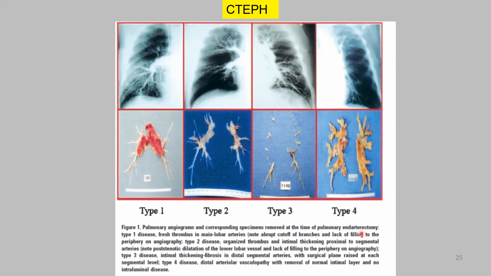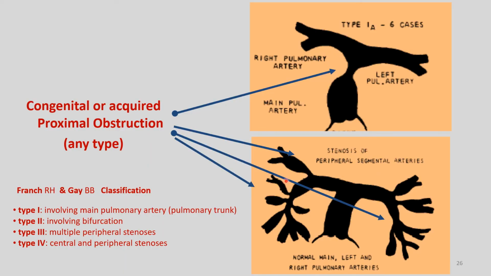This is interesting because this classification of type 1, 2, 3, and 4 is similar to the Frank and Gay classification for congenital arterial stenosis. You see type 1, 2, 3, depending on whether it's more peripheral, type 3, or more proximal, type 1, or mixed, which is type 4.